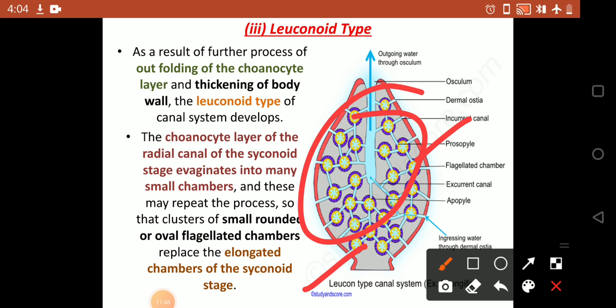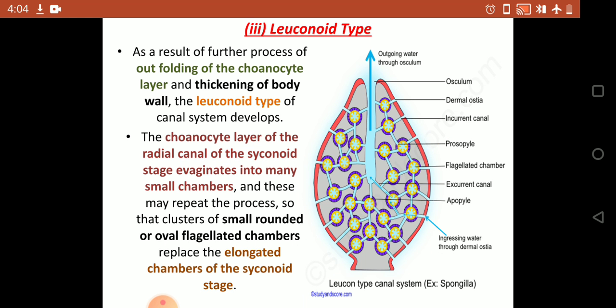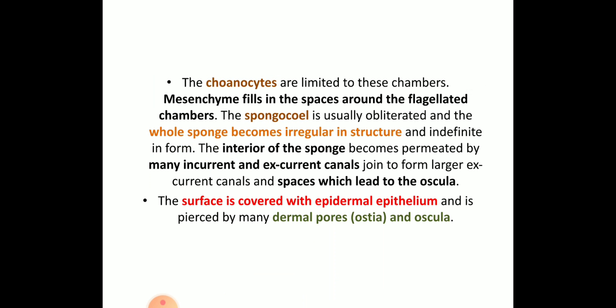Inside you can find small canals, and these are rounded and oval flagellated chambers. Later the choanocytes are limited and mesenchyme fills the space, and the spongiocoel holds the water, and the whole sponge becomes irregular in structure.